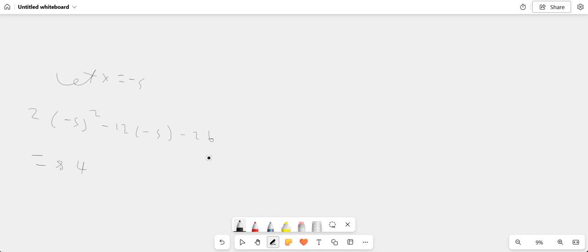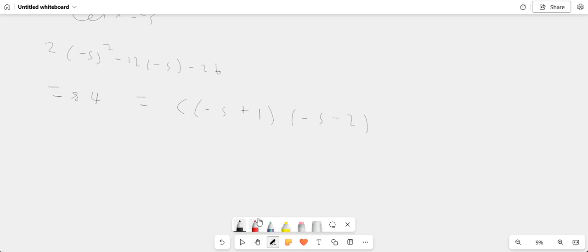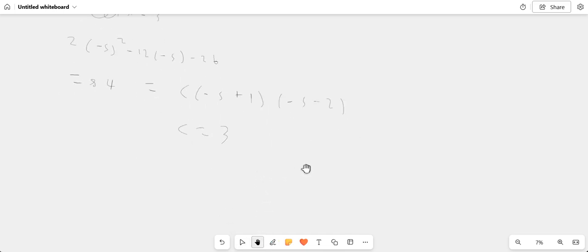And then the one that has A has the x plus 5 bracket and B has the x plus 5 bracket, so C doesn't. So it's going to be equal to C open bracket minus 5 plus 1, and then minus 5 minus 2. And then C is equal to 3, yeah? So if you combine that together, 84 divided by that, you're going to get 3, yeah? So there you go, that's A, B, and C.